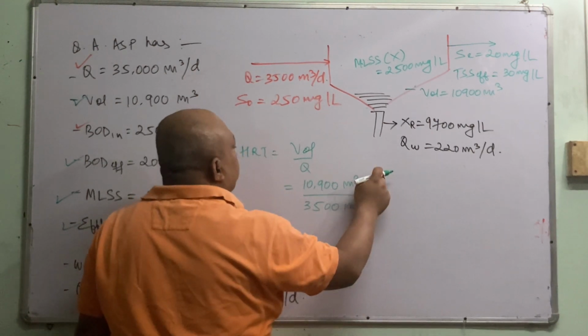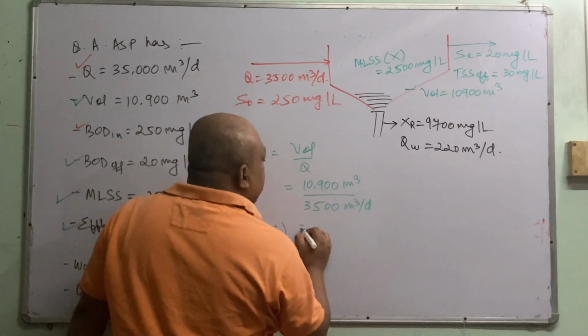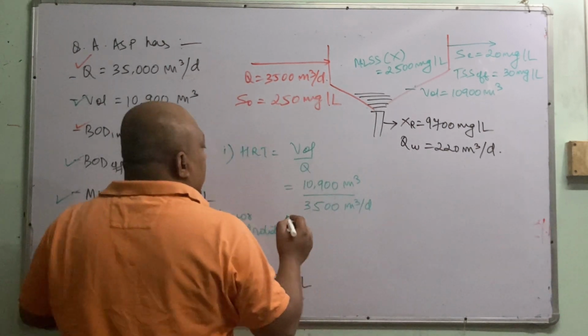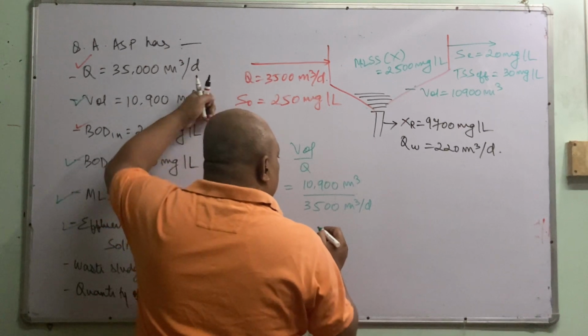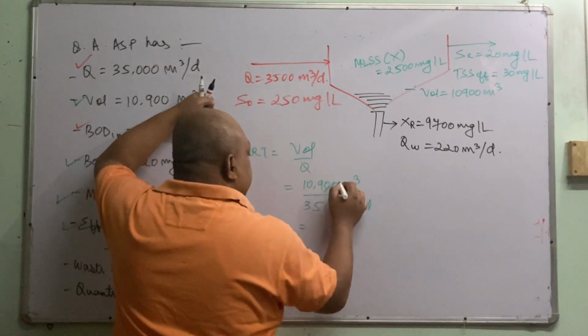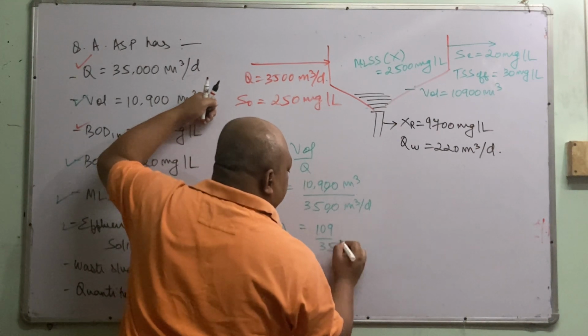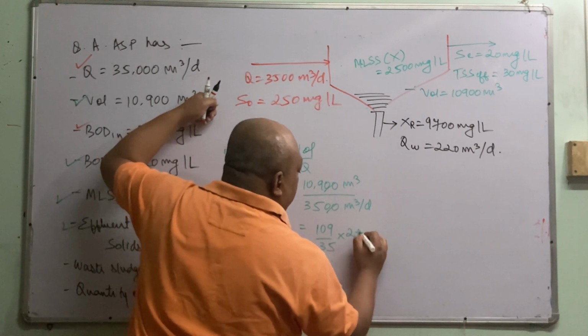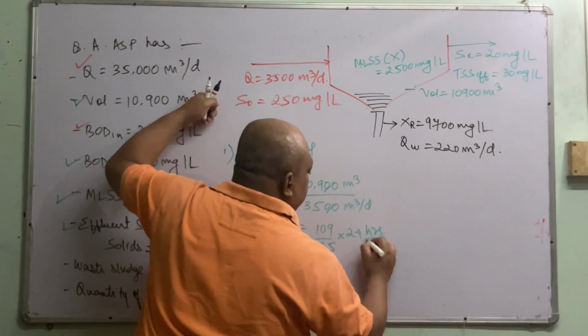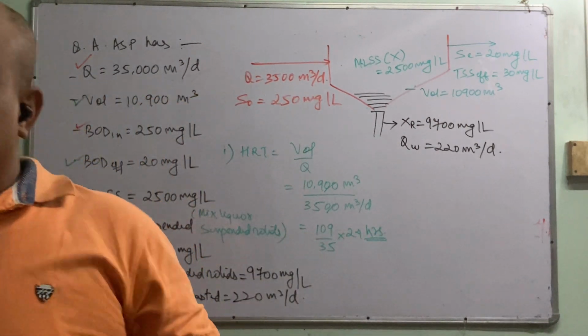So HRT will be in terms of days, is equal to, can I say like this? If this is cut, 109 divided by 35 into 24 hours. Okay, 109 divided by 35.